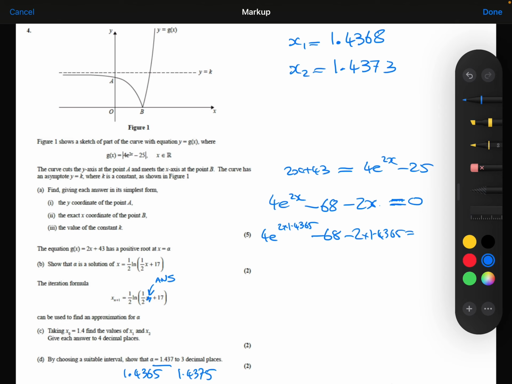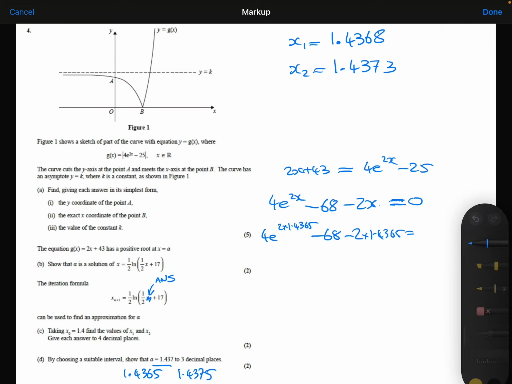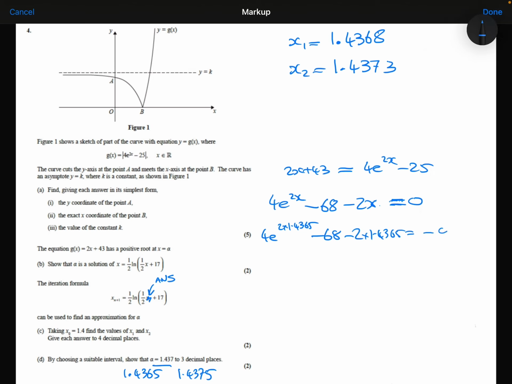So let me put that into my calculator. Just bear with me. And that gives minus 0.11, so a negative.